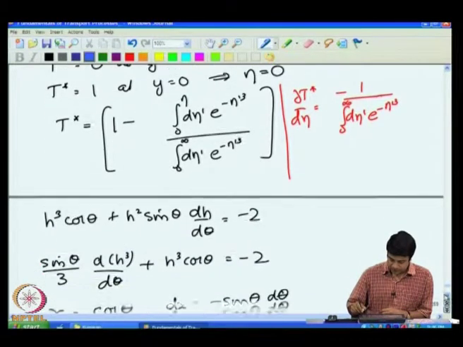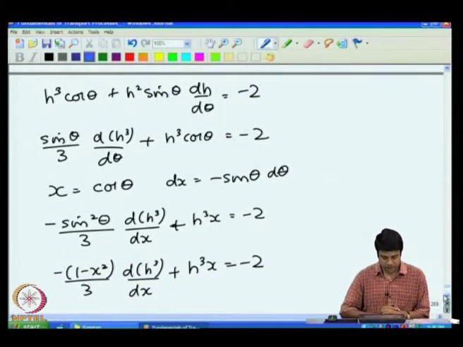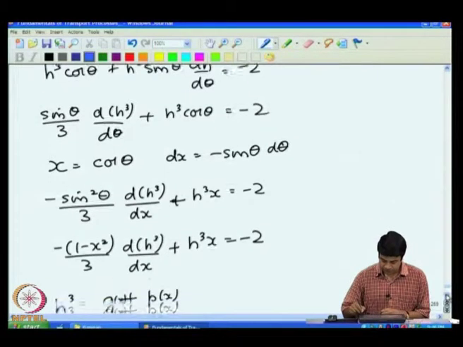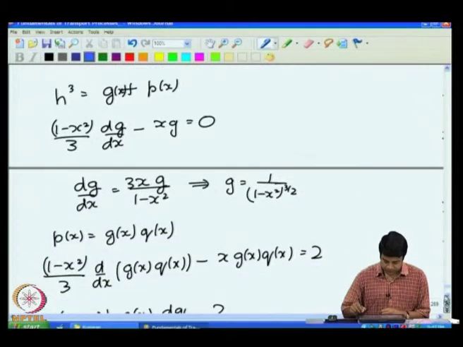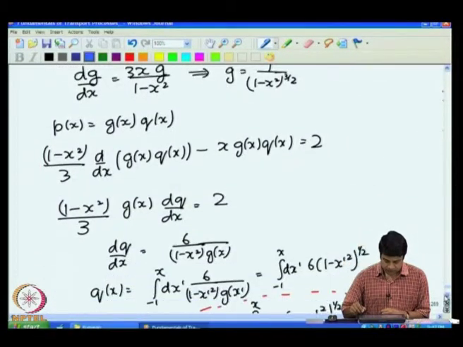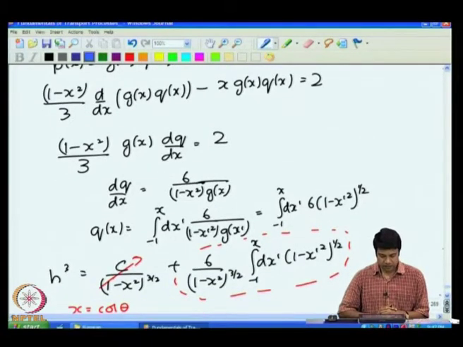And I showed you that the solution for h is obtained as usual by variation of parameters. And the final solution for h actually has a constant in it. That constant has to be determined from the boundary conditions in theta.